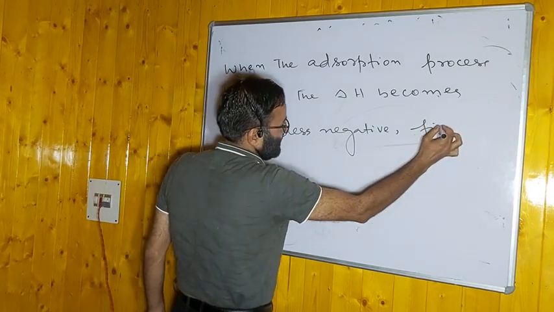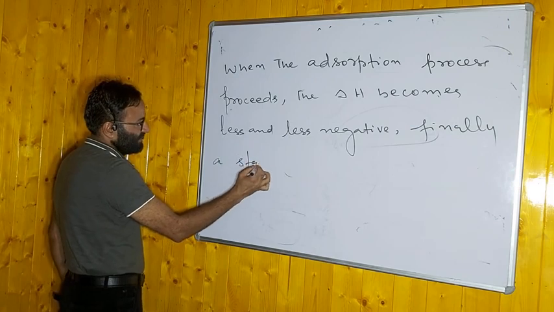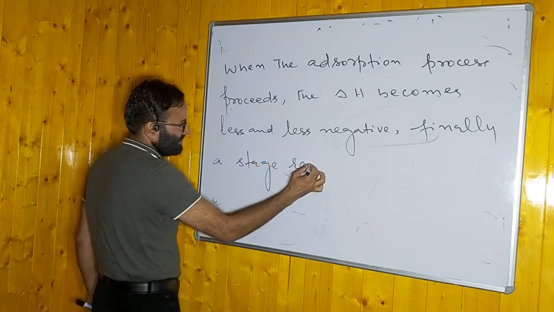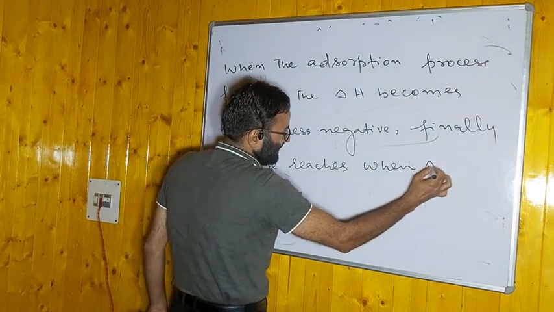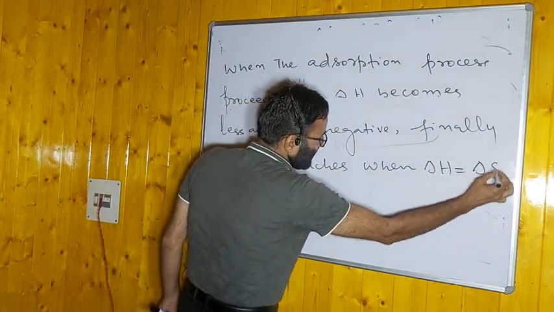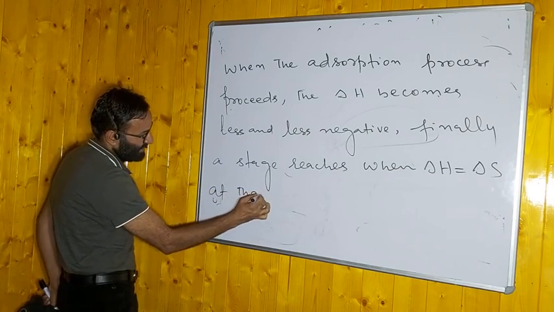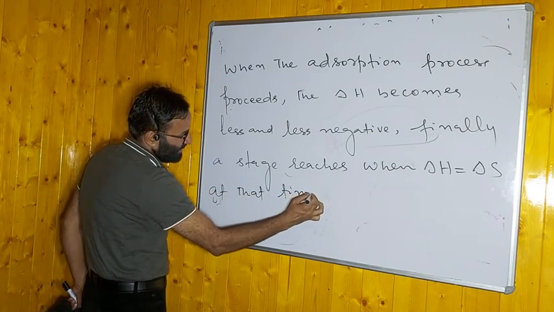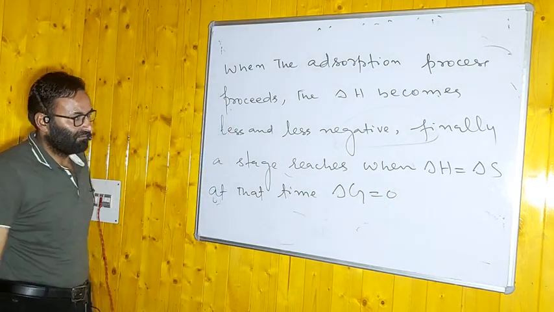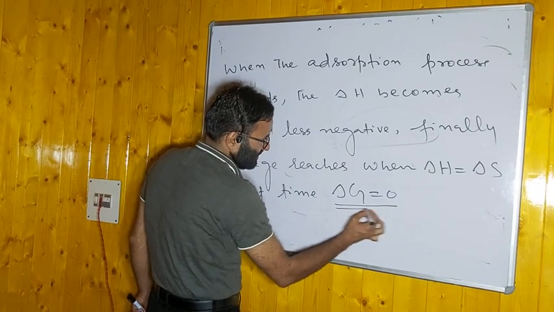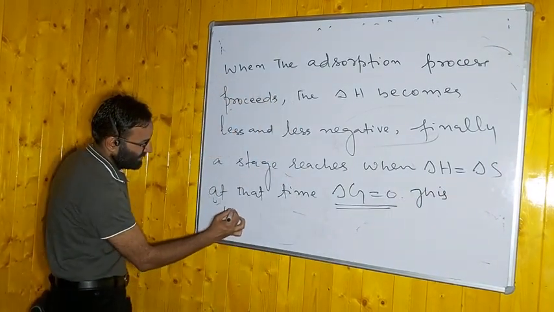Finally, a stage reaches. What is that stage? When delta H becomes equal to delta S. At that time, what will happen? Delta G will come equal to 0. When delta G comes equal to 0, this will be the state of equilibrium.